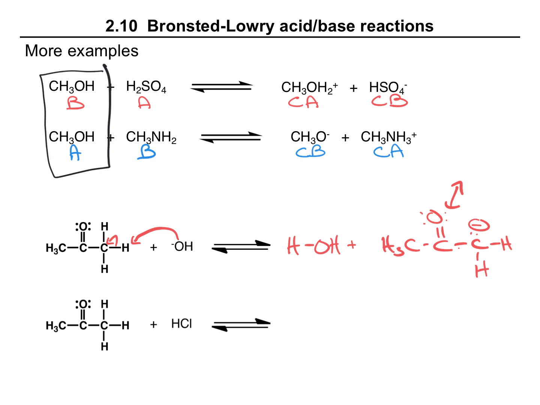Let's imagine that these electrons move here and these electrons move here. So that gives us another resonance structure that looks like this, where we have a double bond between the carbon-carbon and a single bond between the carbon-oxygen, and then the negative formal charge is on the oxygen.